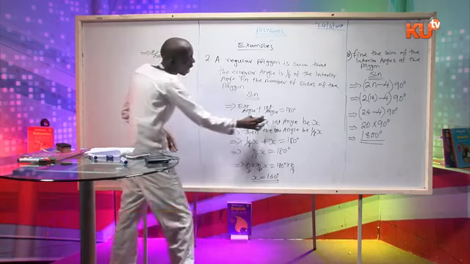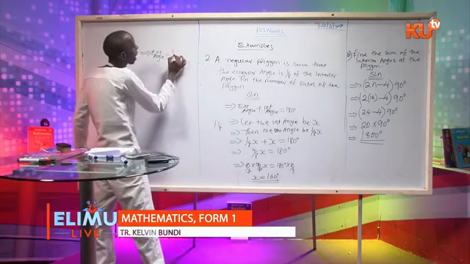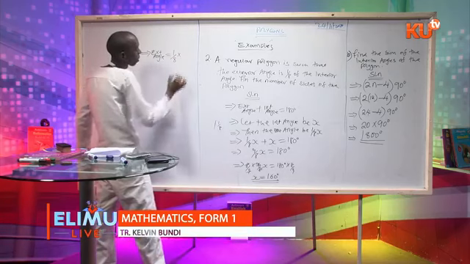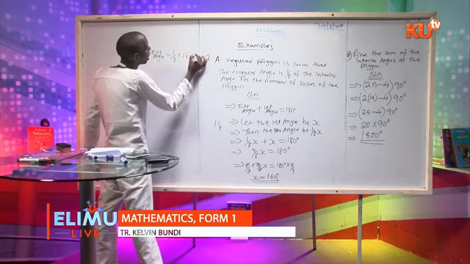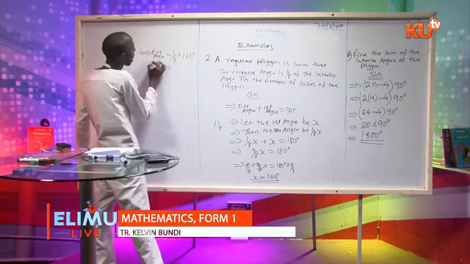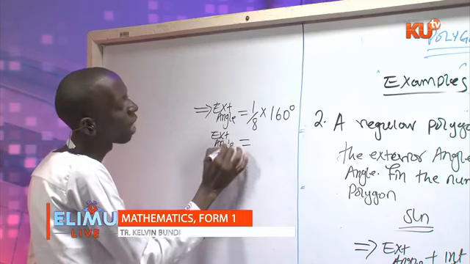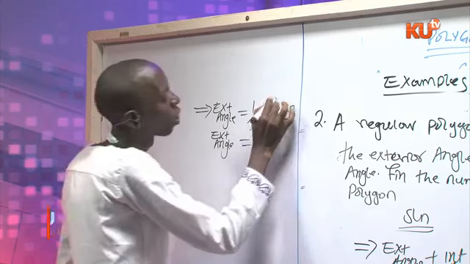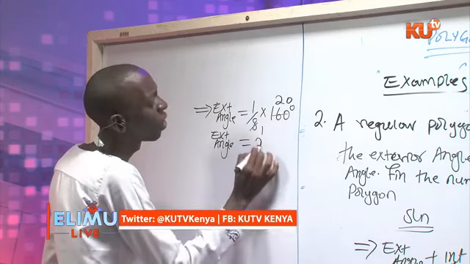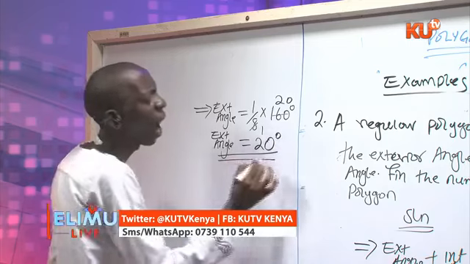But in this question, x is the interior angle, and the exterior angle is 1/8 of x. So 1/8 of 160 degrees will give us the exterior angle. 160 divided by 8 is 20 degrees. Therefore, the exterior angle is 20 degrees.